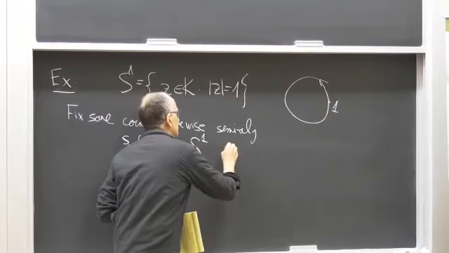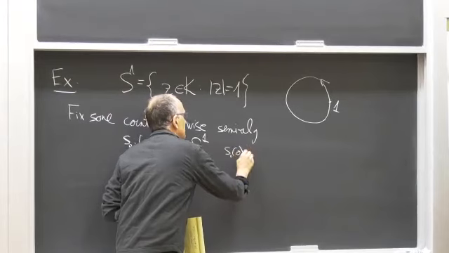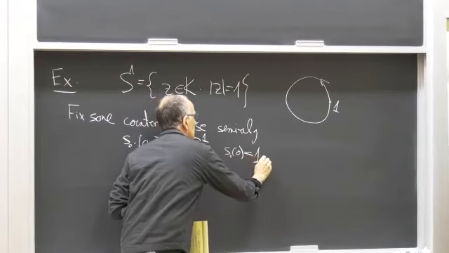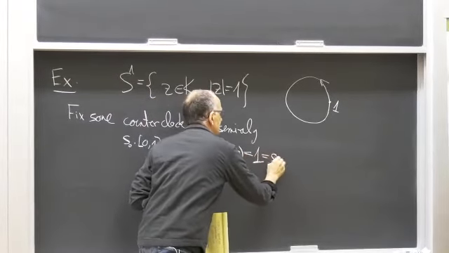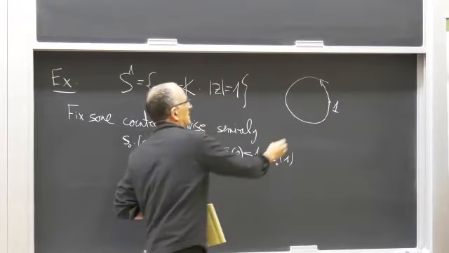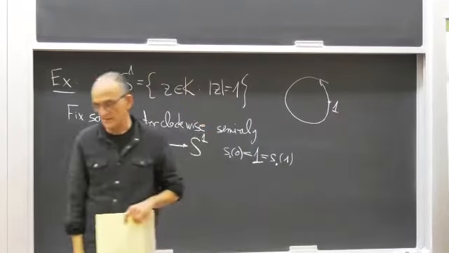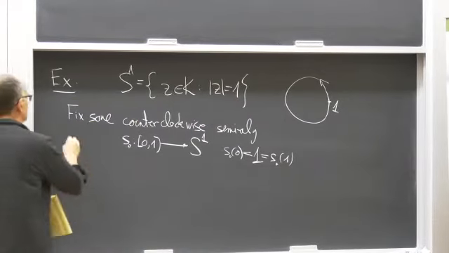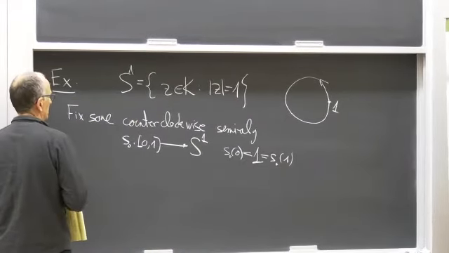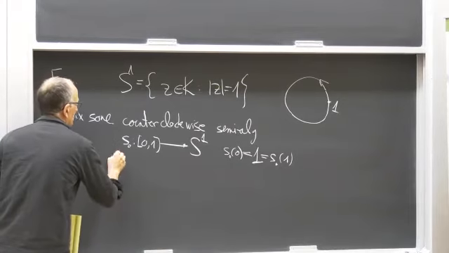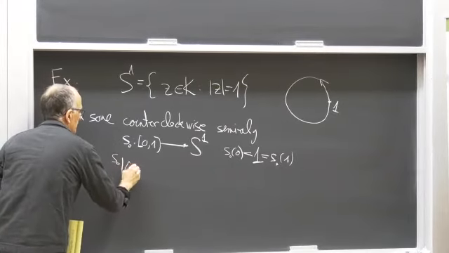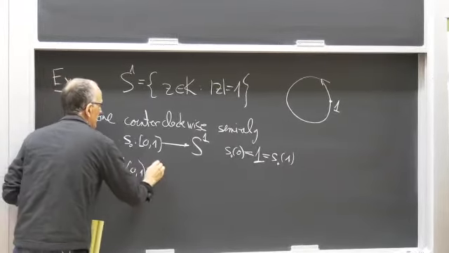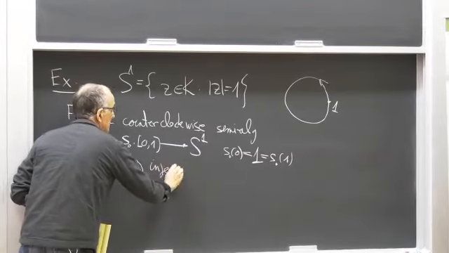And let's have S0 of 0 be 1. So we start the parameterization from 1 and go counterclockwise and injective. Right, so I want it to be a simple curve. So S0 restricted to 0, 1, half open, is injective. It doesn't matter which one.